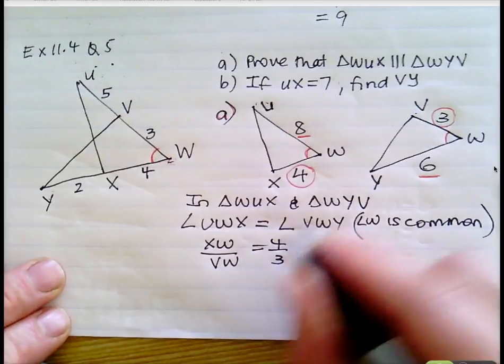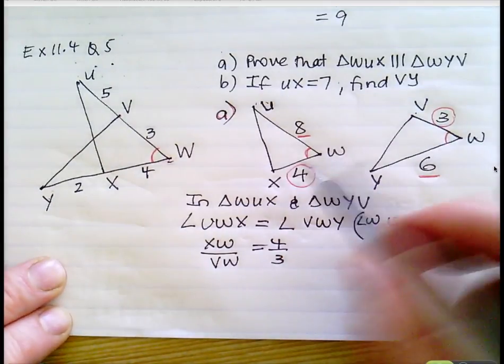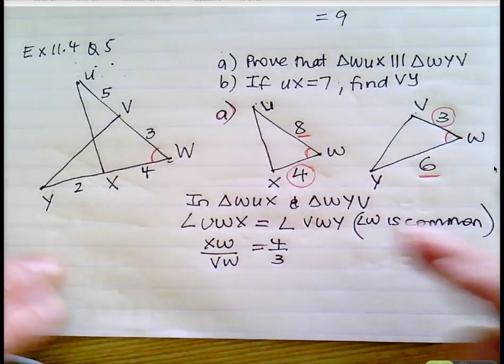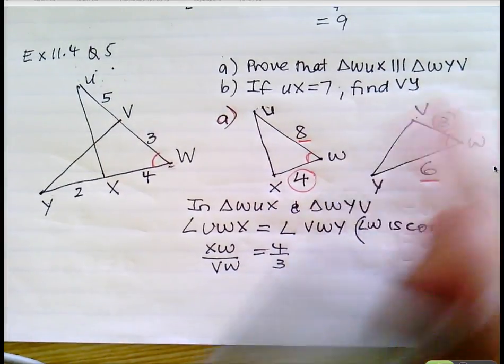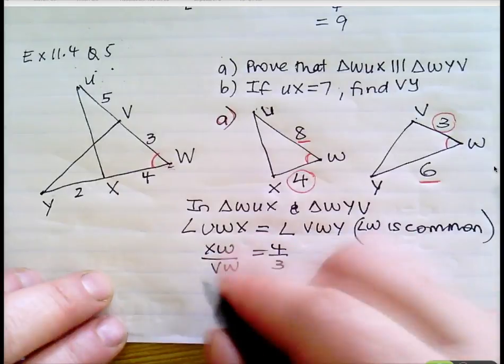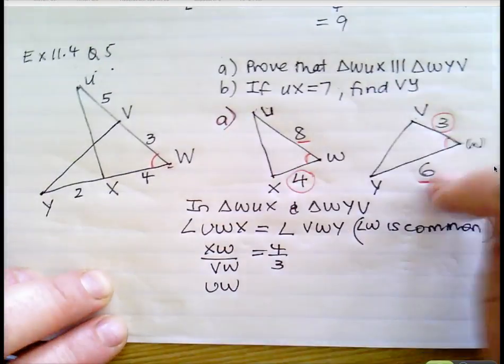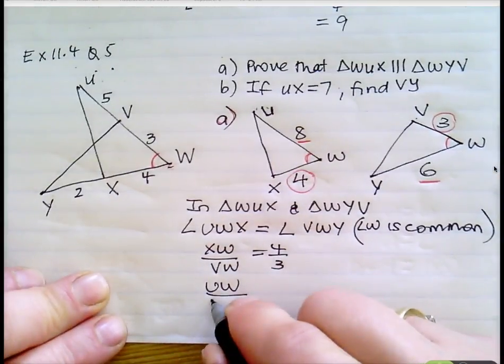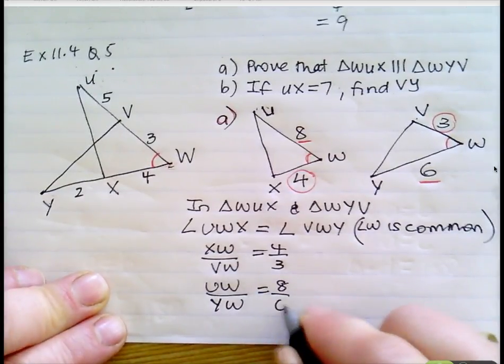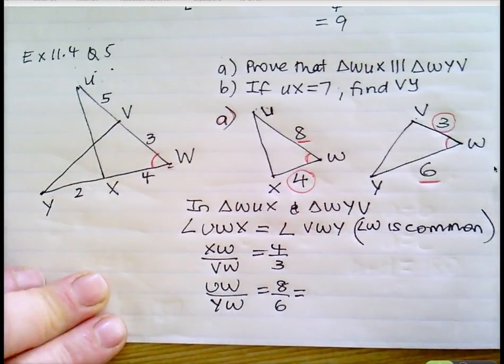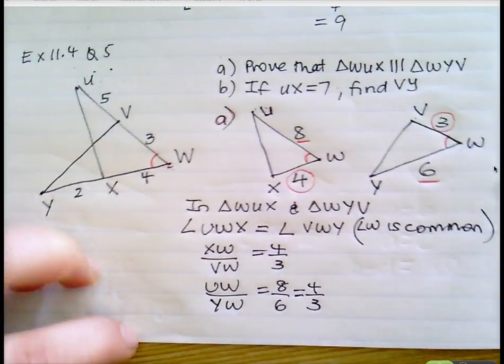So we need reasoning. No, not for that. You're just saying that over that equals that. Now, girls, please. I'm going from the left to the right. This one over that. I need the same way. That over that. UW over YW is 8 on 6. And simplify that, dividing them both by 2. 4 on 3. Great.